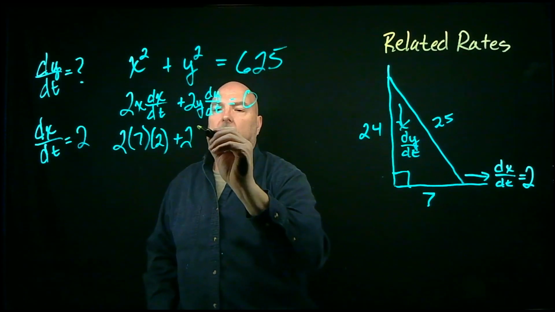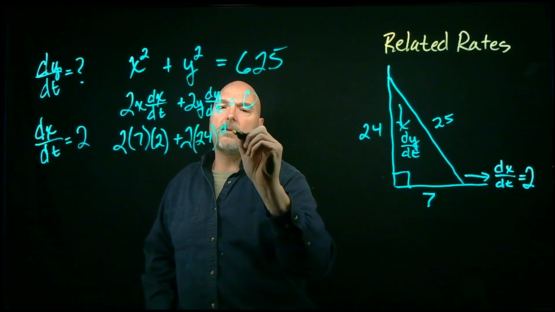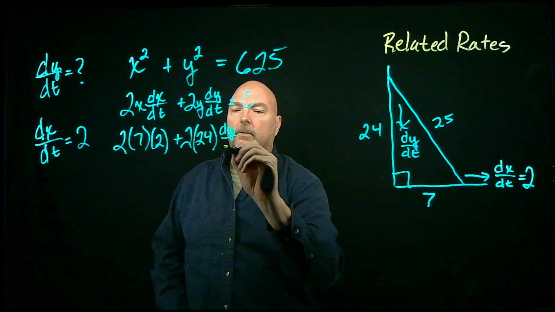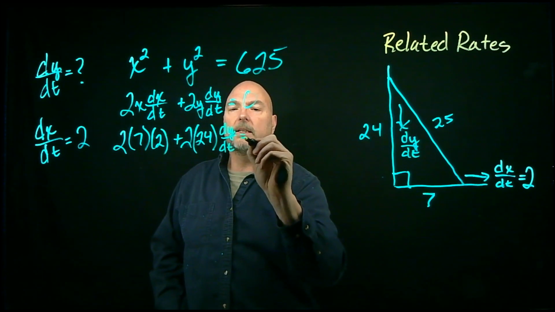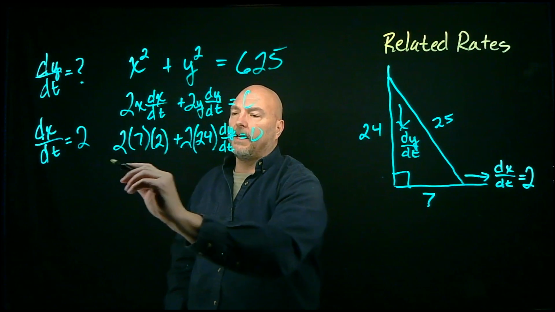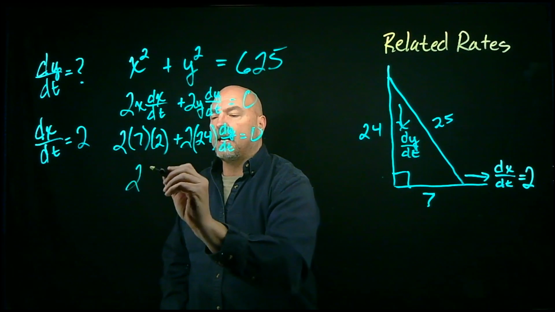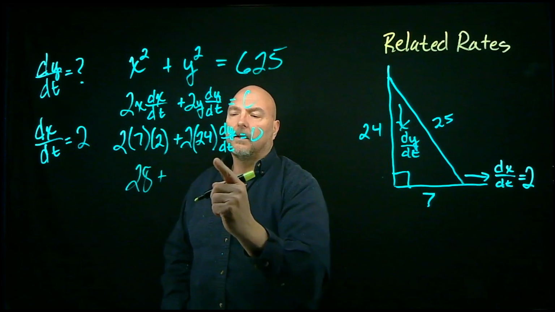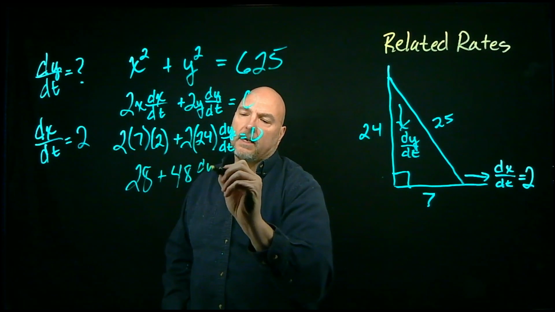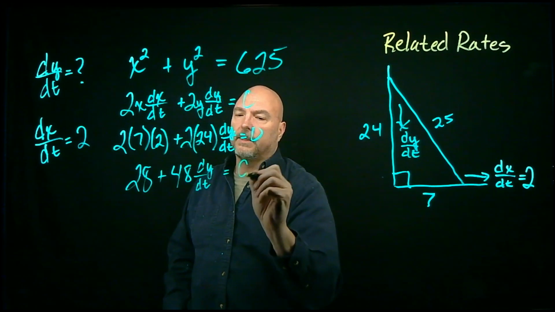So we need to put the 24 in for the y. And dy/dt, that's what we're looking for here. Then we could go about simplifying here. Let's see, I have 2 times 7 times 2. That's 28, plus 48, 2 times 24, dy/dt. And that's equal to 0.